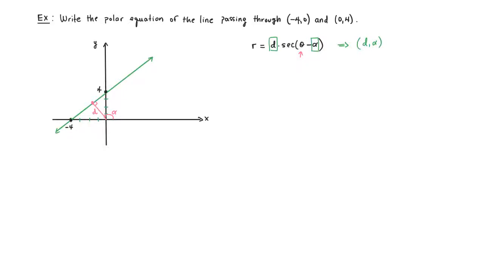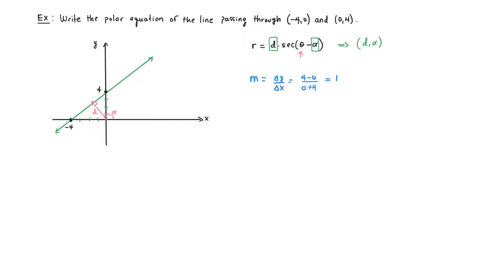There could be many ways of doing that. I'm going to go ahead and do it from straight geometry. First, I'm going to figure out the slope of this line. So using my delta y over delta x, we're going to have 4 minus 0 over 0 plus 4. That is going to give us 1.